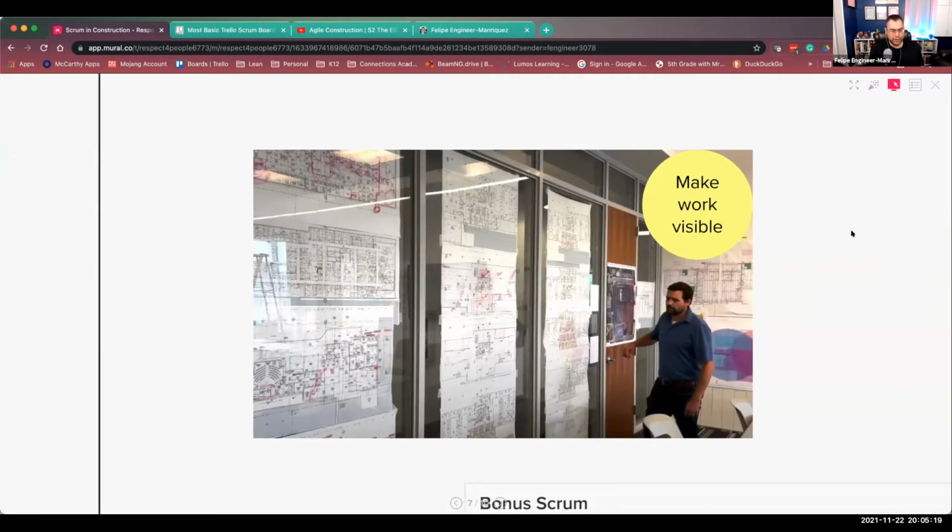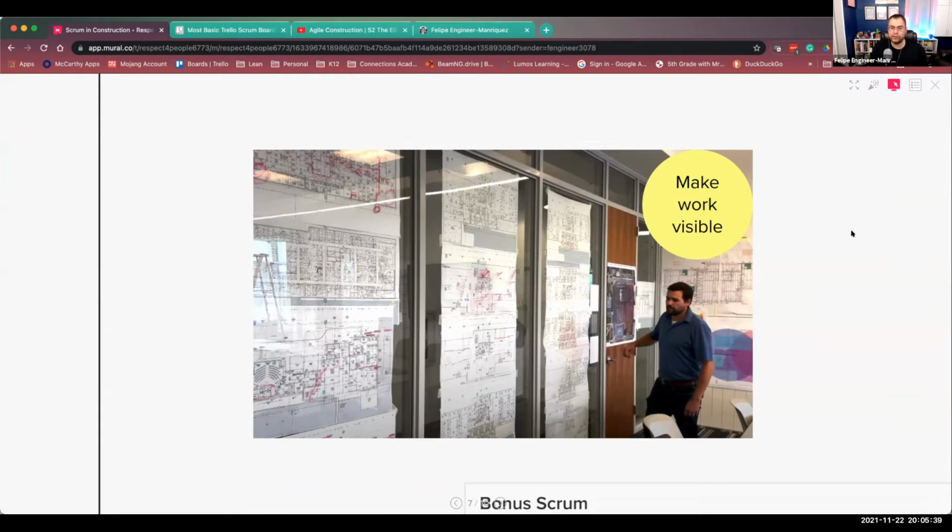We're using Toyota Production System principle number 7 because we are borrowing from manufacturing, software, and all industries to elevate and make construction come into the 21st century like a boss, because it's now the time to make things visible.